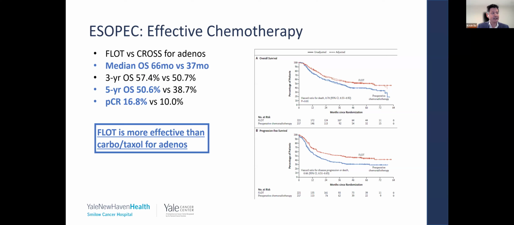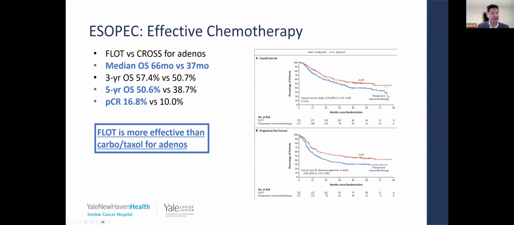This trial randomized perioperative FLOT chemotherapy compared to the CROSS regimen of carboplatin-paclitaxel and radiation for adenocarcinomas. It showed that survival was improved with perioperative FLOT chemotherapy compared to the CROSS regimen, with really impressive 5-year overall survival rates.